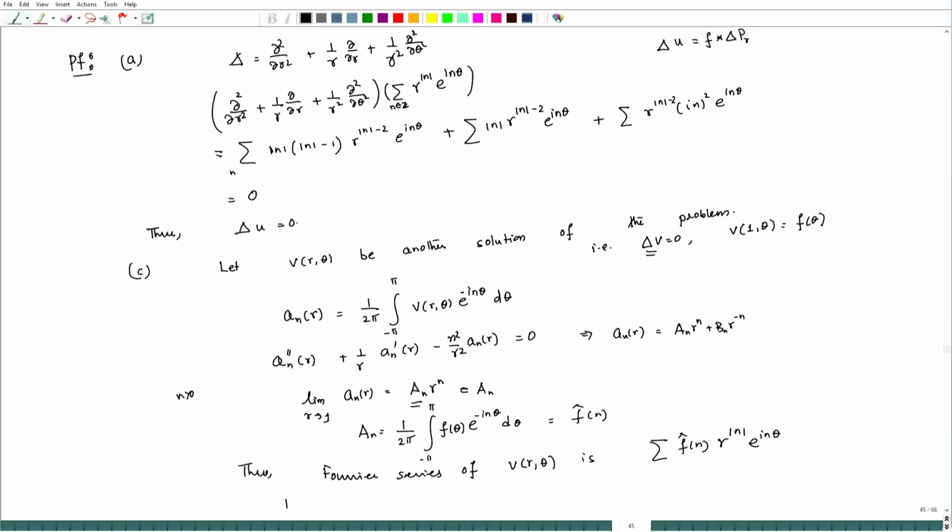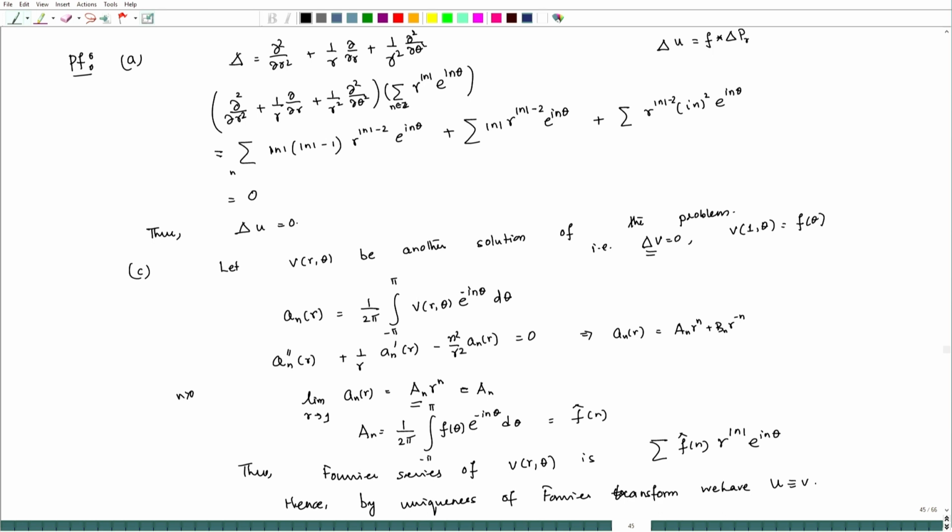Therefore, what we are going to get is that both are the same, hence by uniqueness of Fourier transform, we have u is identically equal to v. So, that shows that the solution is unique.